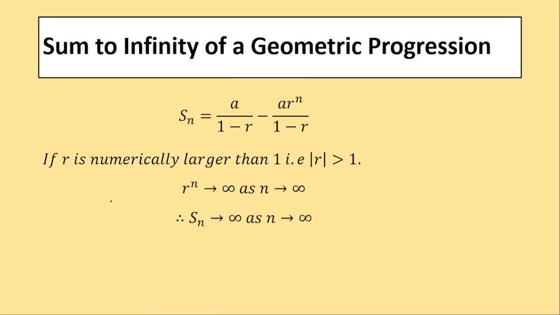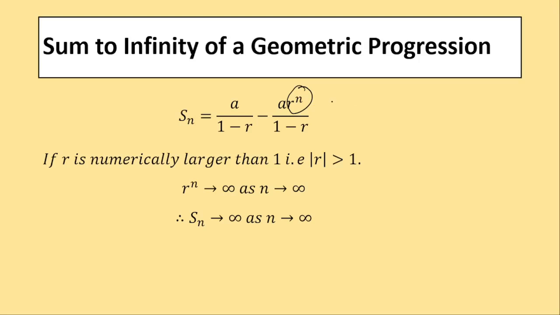A sub n, the sum of the first n terms, will tend towards infinity as n tends towards infinity. This value is becoming larger and larger as n is increasing.